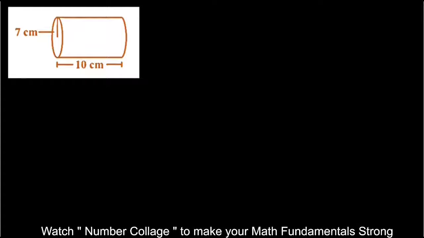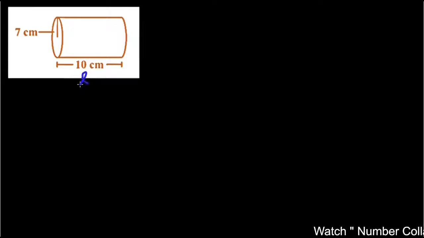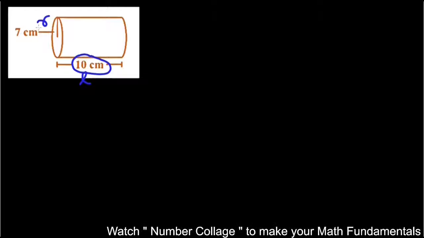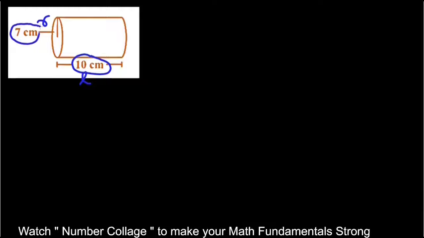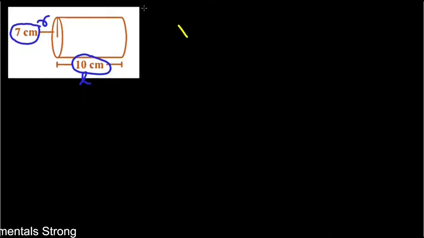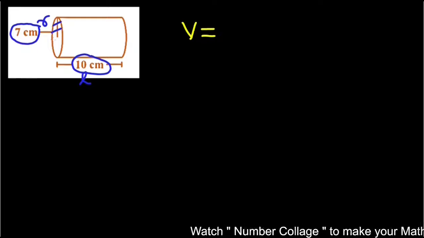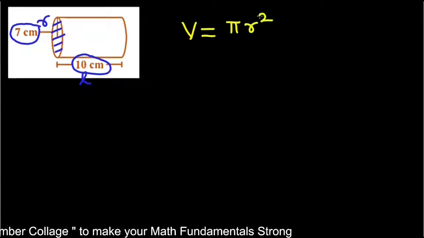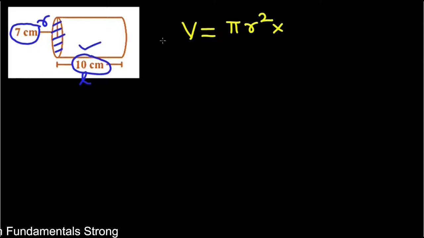Let us find volume of this right circular cylinder whose height is 10 centimeter and radius of its circular surface is 7 centimeter. We know that volume of right circular cylinder is area of the circular surface, which is pi r square, multiplied by height, which is 10 centimeter.